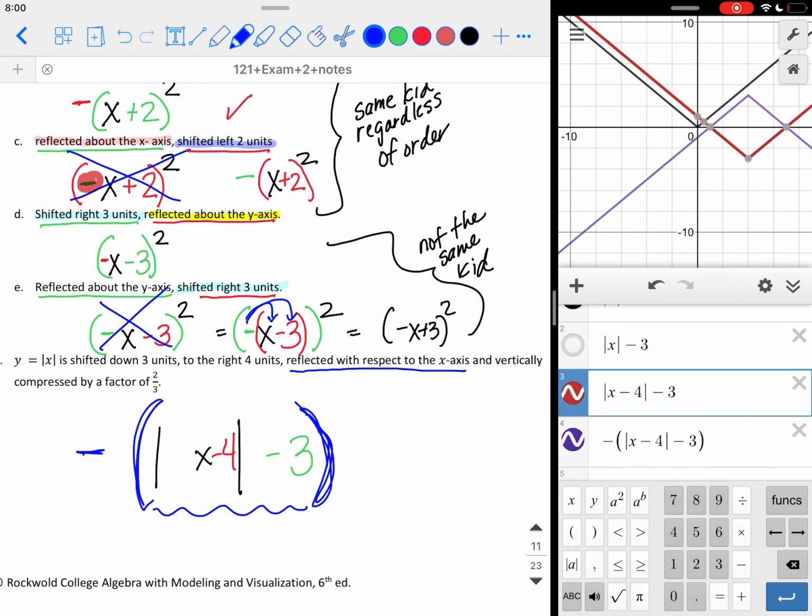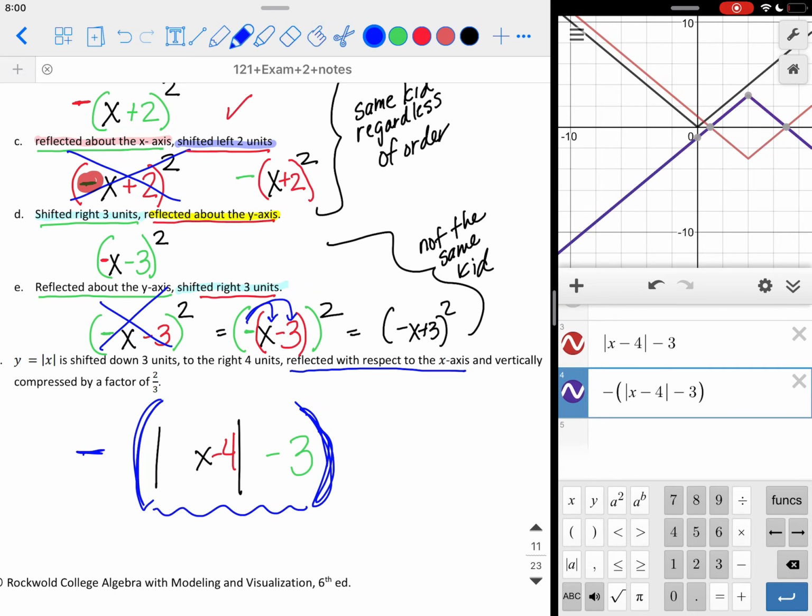So here's our kid in the first trimester, and then we're going to reflect it across the x-axis. Yep, it is definitely being flipped.